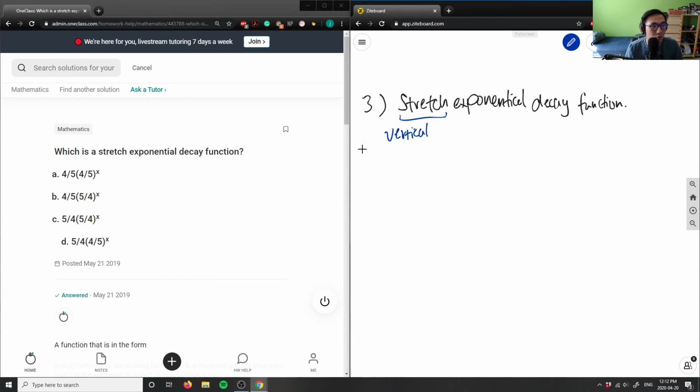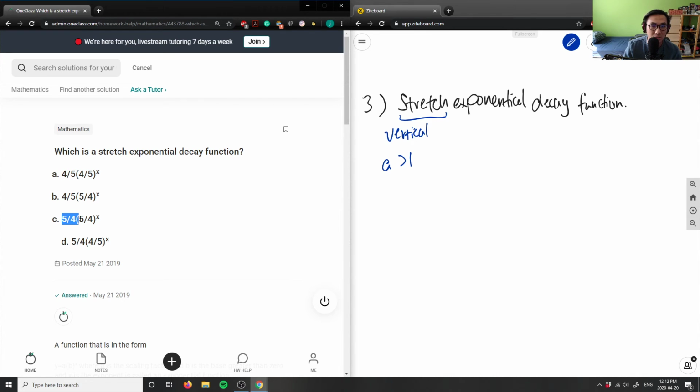A vertical stretch means that A has to be greater than 1 for me to fulfill this here. So if I look at my graphs here, A and B are wrong here, right? Because 4/5 is not greater than 1, it's 0.8, which means these two are the incorrect answers. So we're looking at C and D now.